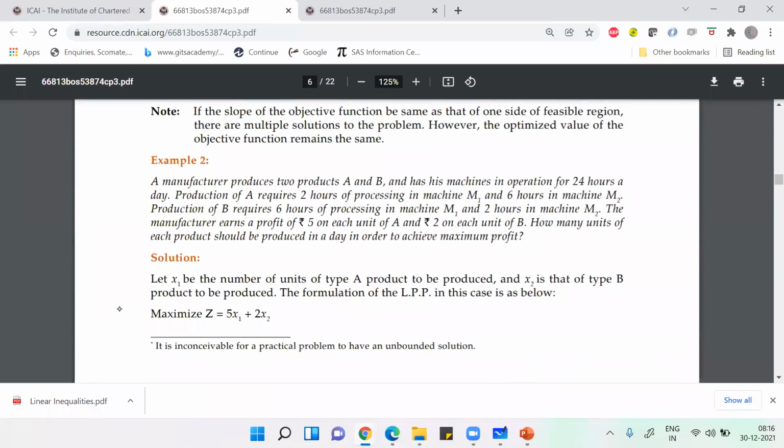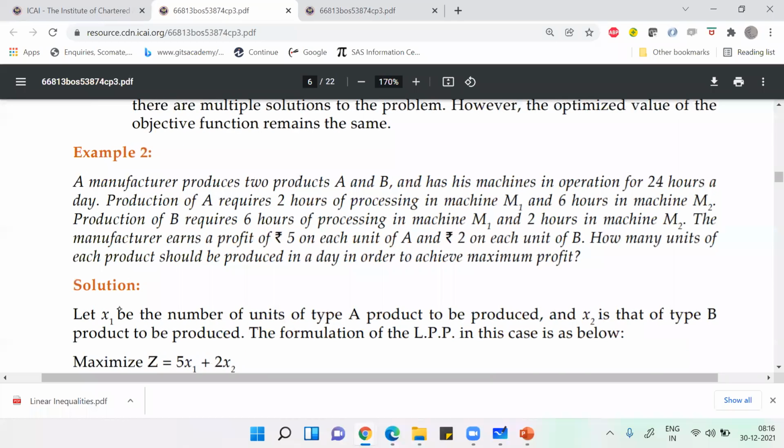Forget all this. See this question, example 2. Whatever I did, just do the same way. Solve this question. Tell me the LPP equation for this. Exactly the same.